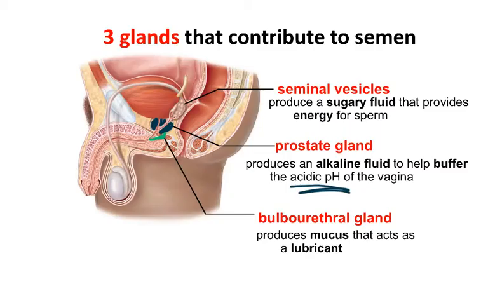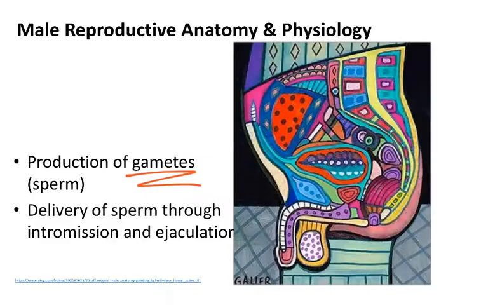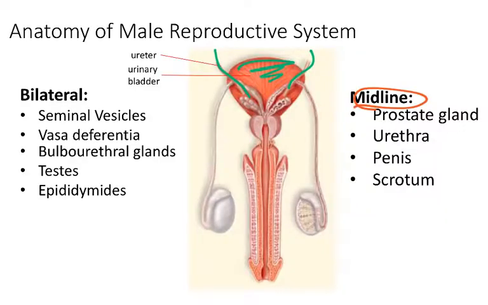All right, so let's go back to the very beginning here and label these structures. So the prostate in a frontal section is right here. The urethra is here.